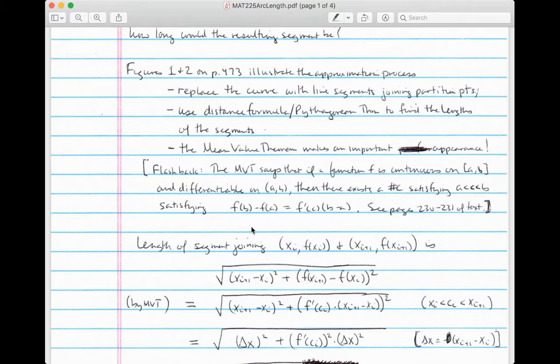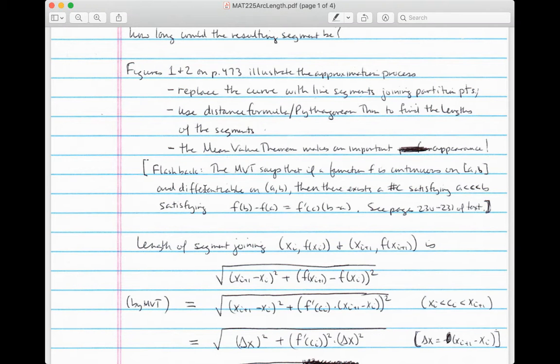And then we do a neat little substitution involving the mean value theorem, and we'll get our formula for the length of one of the segments, and then our approximation will be the sum of the lengths of those segments, and then we'll take a limit as the number of segments goes off to infinity. So before we get deep into that, though, let's remind ourselves about the mean value theorem.